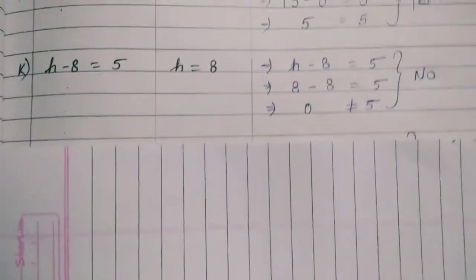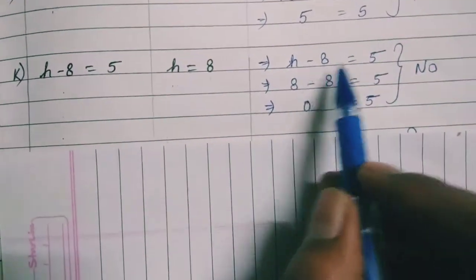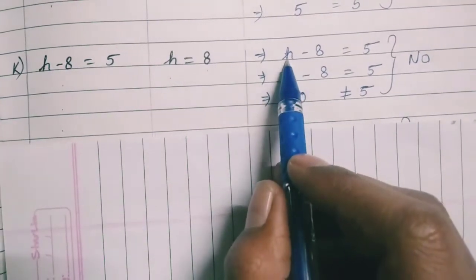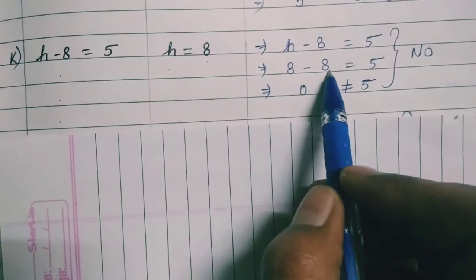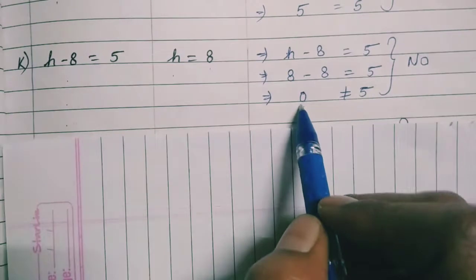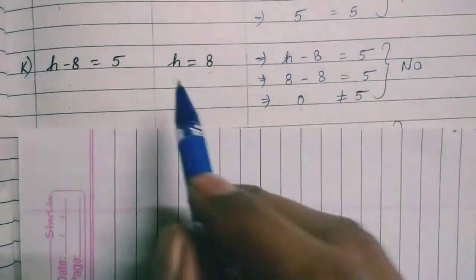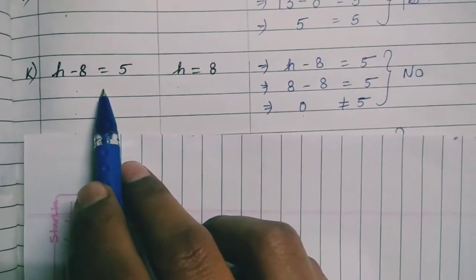Now the K is when we have h value is 8. So h minus 8 is equal to 5 is the equation. In the equation we will put on the place of h as 8. 8 minus 8 which is 0 and 0 is not equal to right hand side. It means no. For h is equal to 8, our equation is not satisfied.